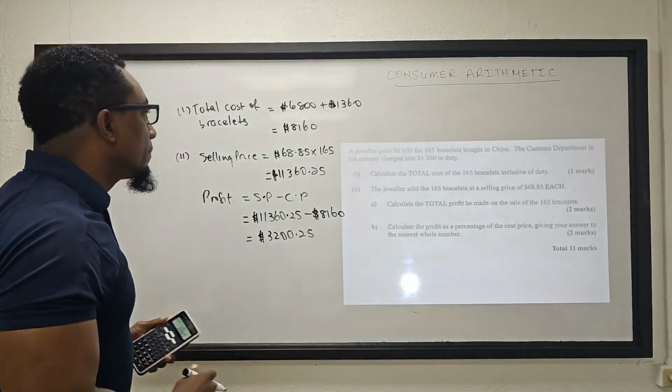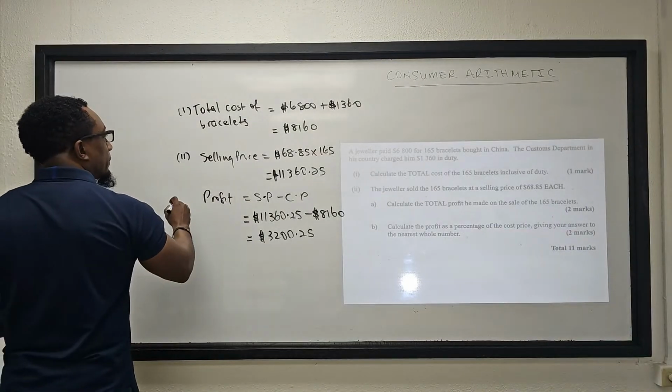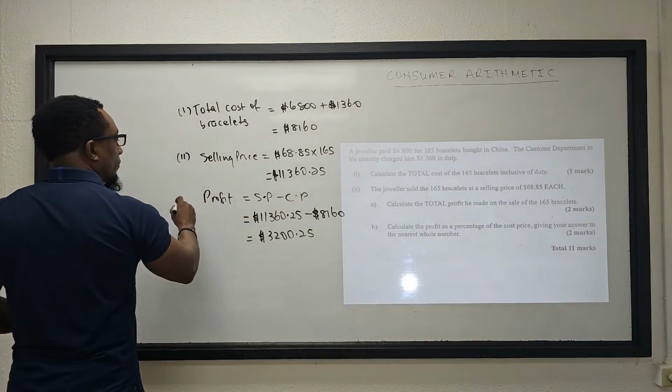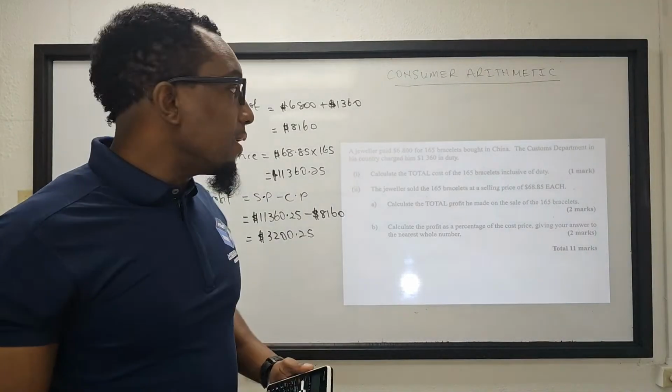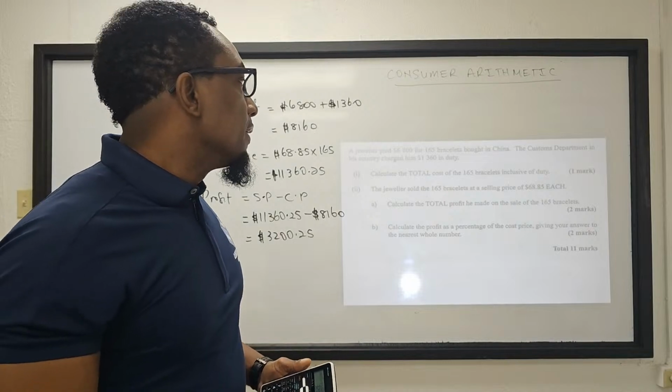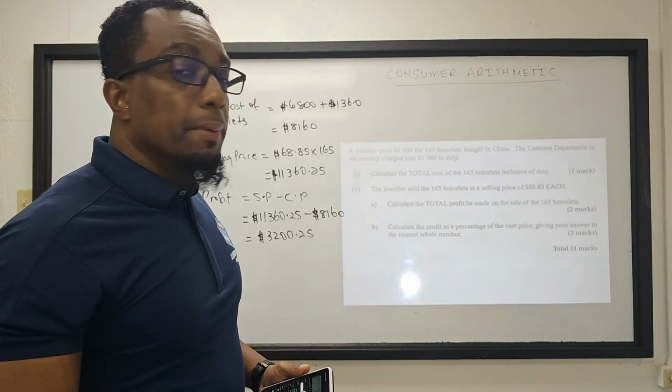And part B, so this is 2B, calculate the profit as a percentage of the cost price, giving your answer to the nearest whole number.